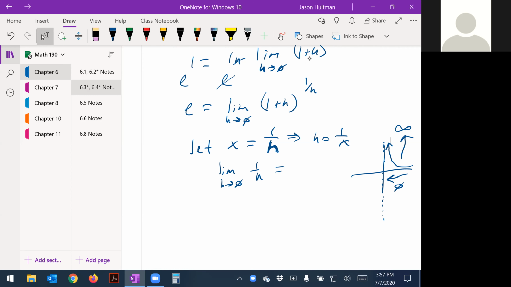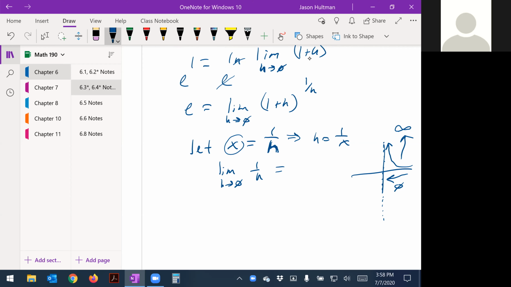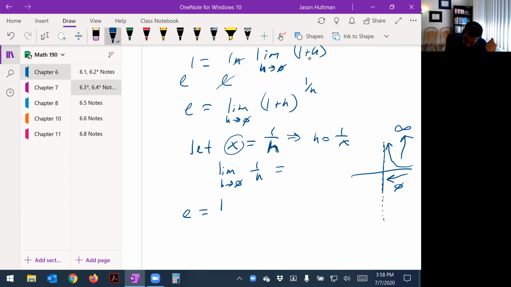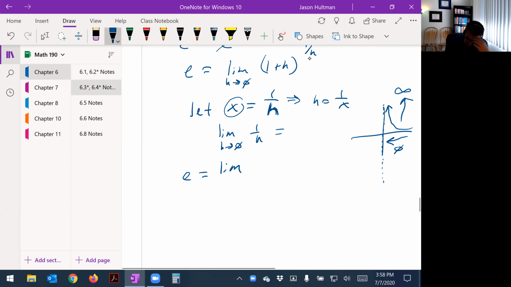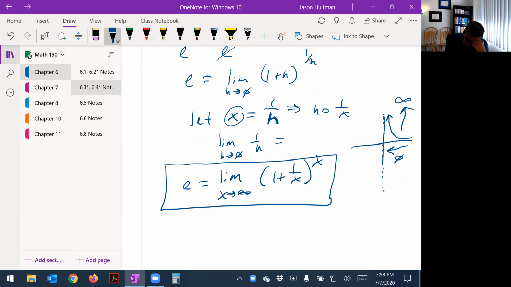So the limit as h goes to 0 is the same as saying that x goes to infinity. Does that make sense? So e is equal to the limit, I'm going to do the substitution here, as x goes to infinity of 1 plus 1 over x to the x power. And that is the definition of the natural exponent as a limit.